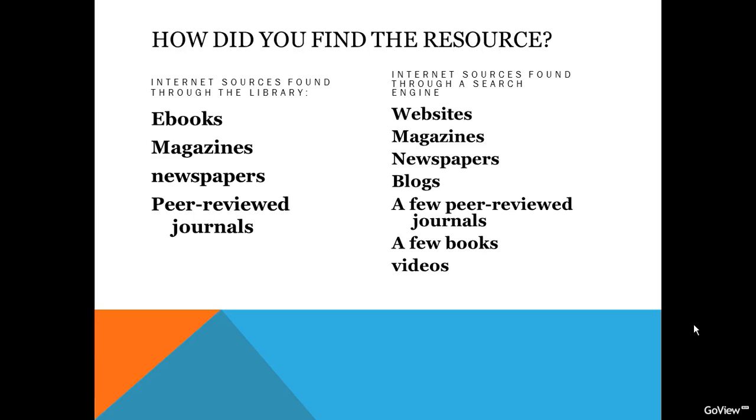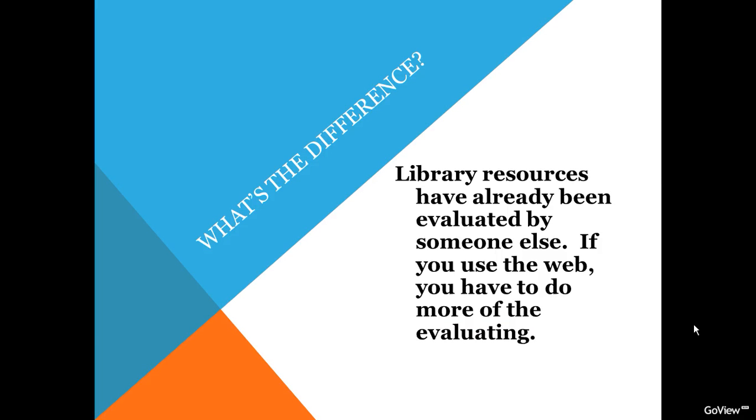The reason for that is that scholarly sources are very expensive to produce, and usually the presses and the journals that create those sources do not give them away for free on the internet. The main difference between library resources and other resources that you find using a search engine is that library resources have already been evaluated by someone else, either a librarian or professor, someone who requested that the resource be purchased.